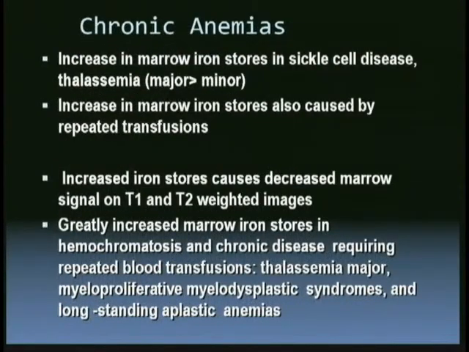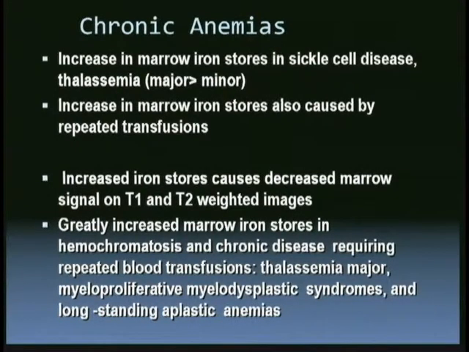So in chronic anemias, patients have an increase in the marrow iron stores, and that is because of ineffective hematopoiesis. This increase in iron causes an alteration in the signal intensity of the marrow. Also, these patients often get a lot of blood transfusions, and that can also alter the signal intensity of the marrow.